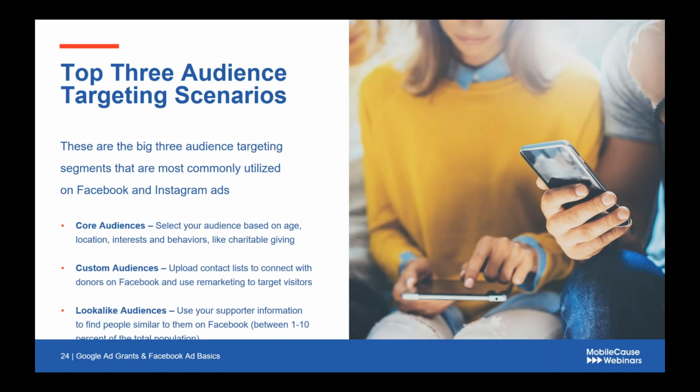And then last, but really most excitingly, are the lookalike audiences. This is the true scale potential of Facebook and Instagram ads for nonprofits. What a lookalike audience is: when we upload a supporter list or create that custom audience, you can actually create what we call a lookalike audience, which is a new audience, new potential supporters, but they match very closely, leveraging Facebook's algorithm, to attributes that our typical donor might already have.